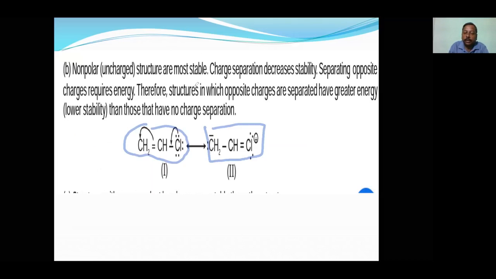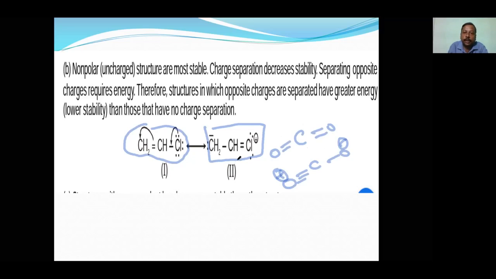Like in CO2, we can write CO2 like this also. Here both have an octet, but this is more stable. Any resonating structure without any charges is considered more stable.